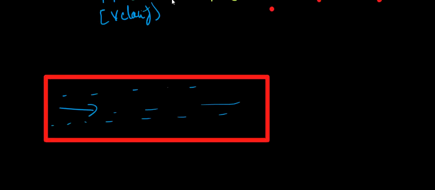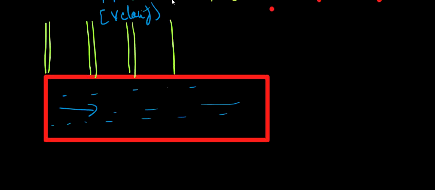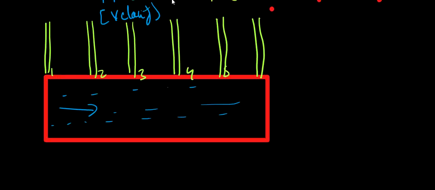Now what I do is I install multiple piezometers at intermediate points, or you can say I've connected a simple vertical pipe at multiple points. Let's say this is point number 1, this is point number 2, 3, 4, 5, 6. Now what will happen? Water will start rising in these, of course.